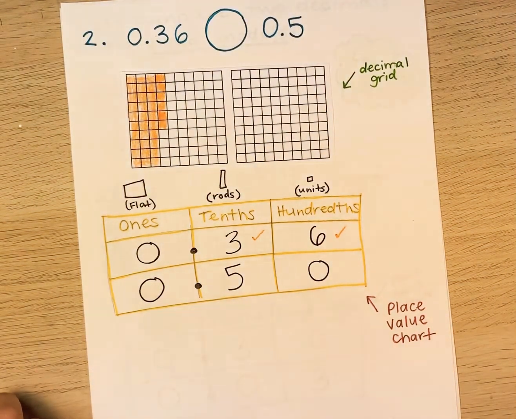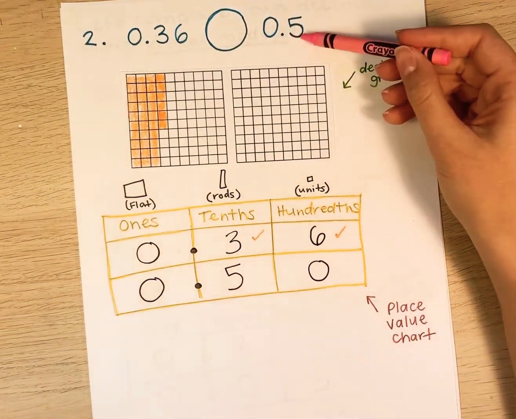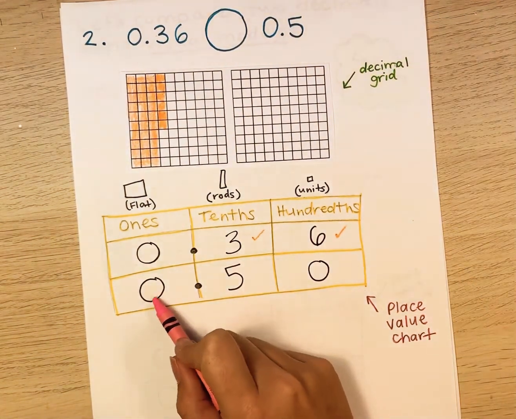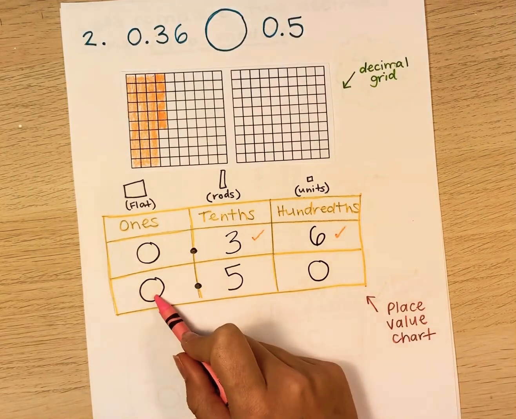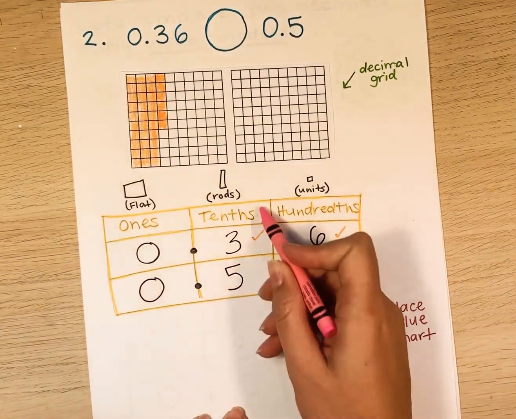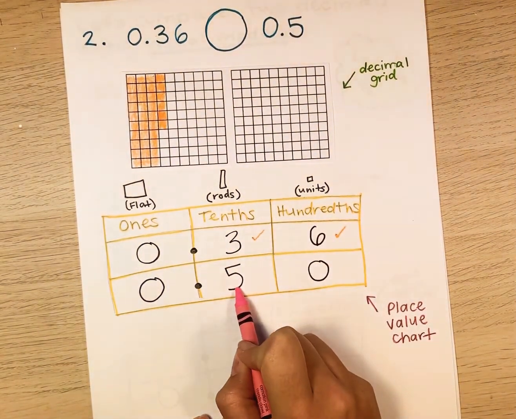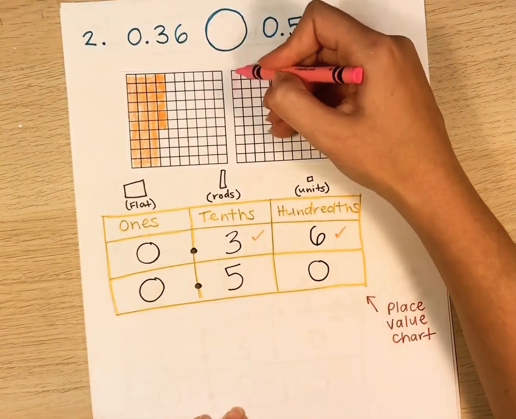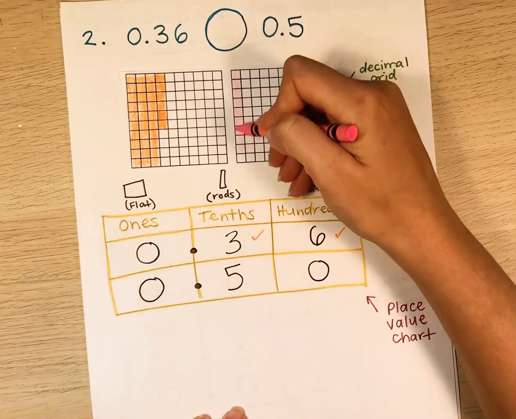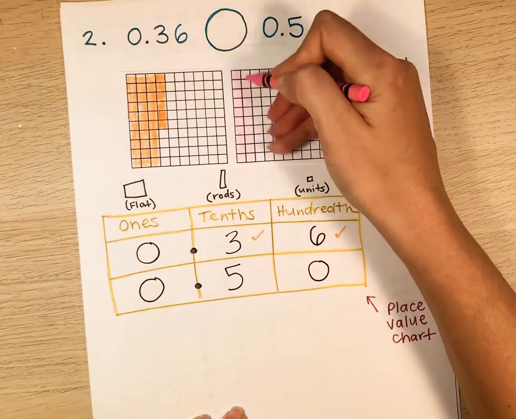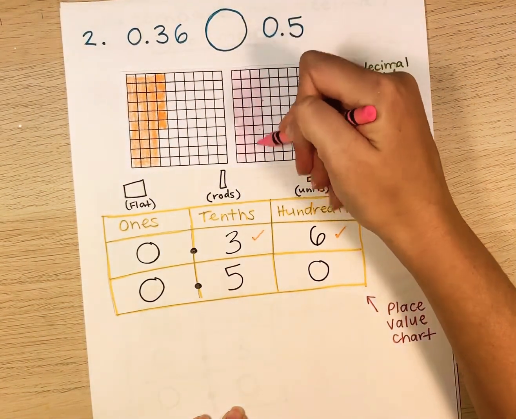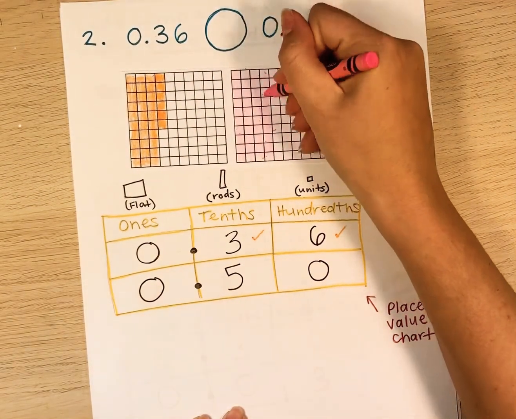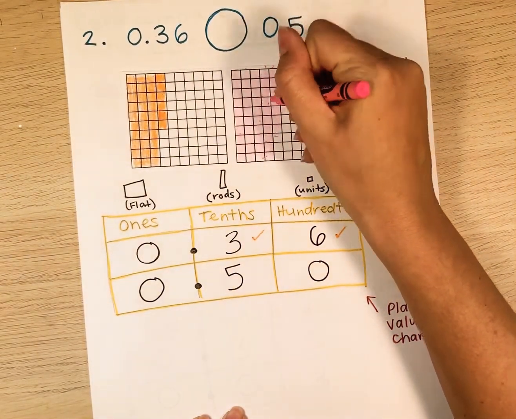Next, I'm going to show 5/10. So again, we're not filling in the whole grid because it's less than 1. And then we're going to look at our tenths. We see that there's a 5 there. Again, we know for tenths we're using a rod, so we're going to include 5 rods. So 1, 2, 3, 4, and 5.